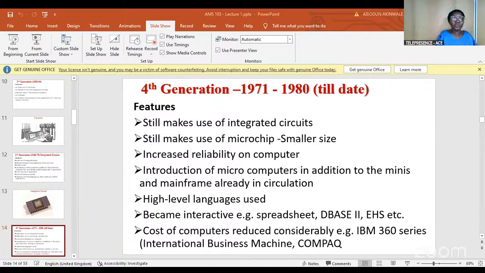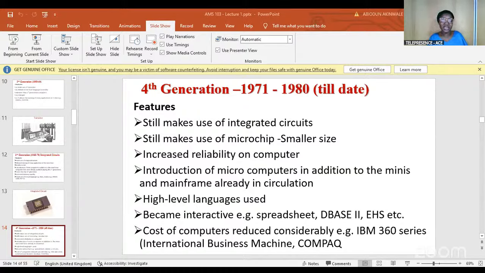So that's why some say fourth generation computer from 1971 till date. But with the massive advancements these days, you can see that clearly there is a difference between what happened in the 1970s, 1980s and what we are witnessing today, okay?